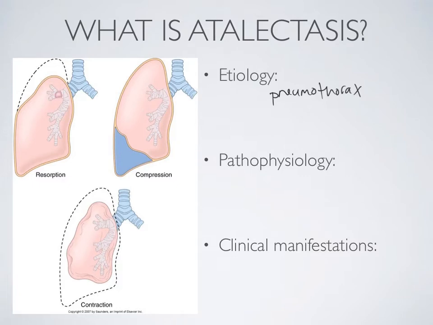A collapsed lung is called atelectasis. It means part or all of the lung collapsed. And there's 3 types of atelectasis. So what you're talking about here is compression atelectasis.